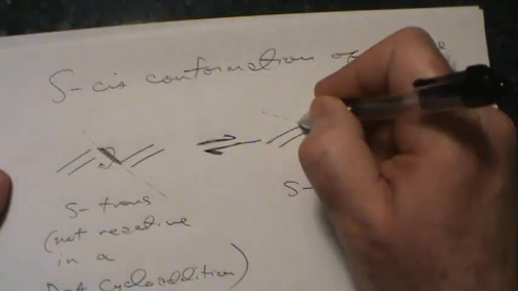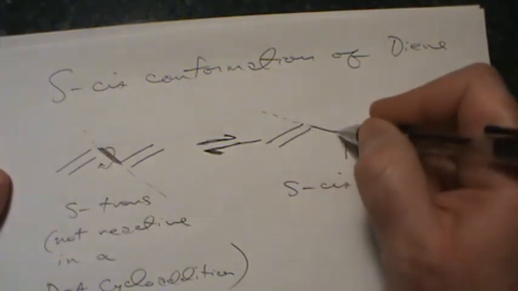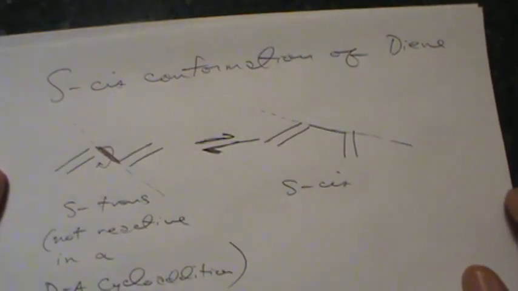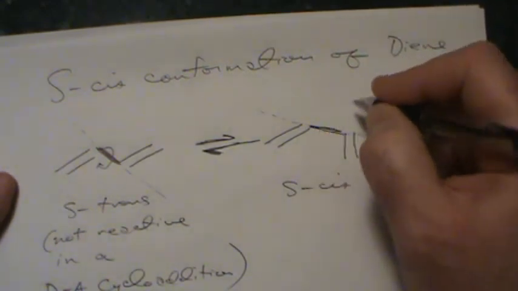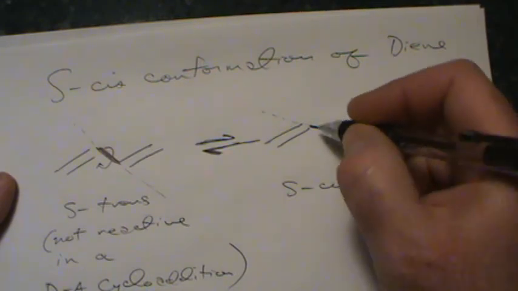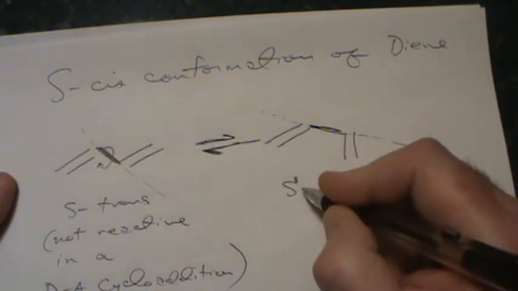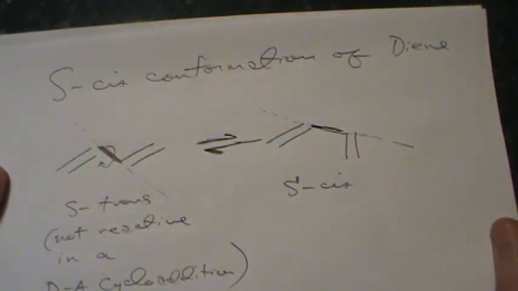Over here, you can see that the alkenes are both on the same side of that single bond. This is the S-cis conformation. This cis and trans nomenclature is different than what we've normally utilized. Normally, cis and trans refers to alkenes and the substituents on the alkenes, but here it's referring to the single bond and hence the S in front of the S-cis and S-trans.